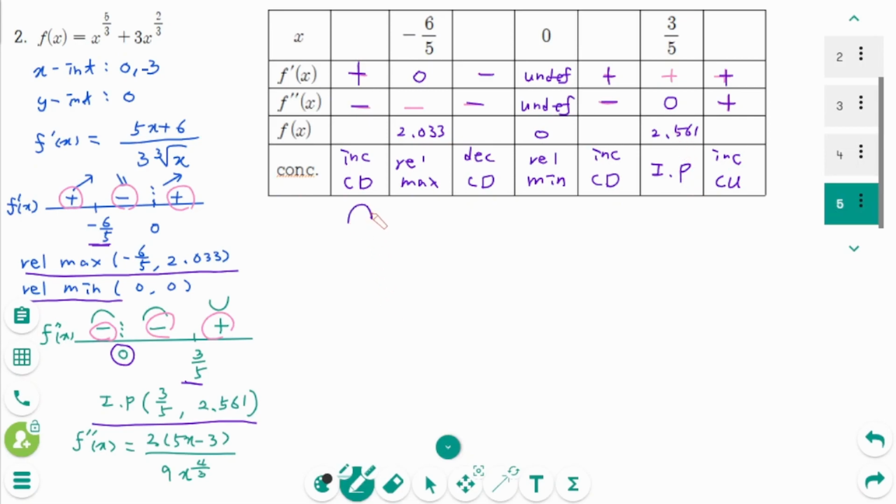Then concave down and increasing, this shape, concave down and decreasing, concave down and increasing, concave up, increasing.